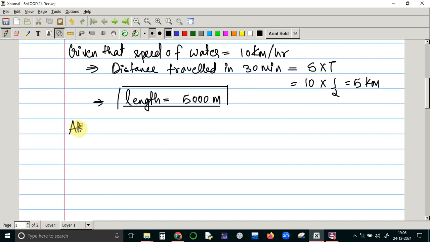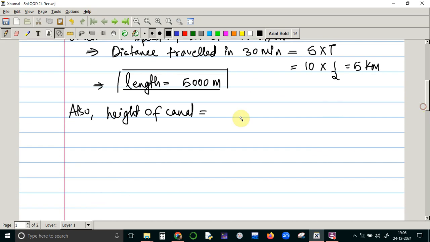Also, height of canal is 1.5 meter and breadth of canal is 6 meter.